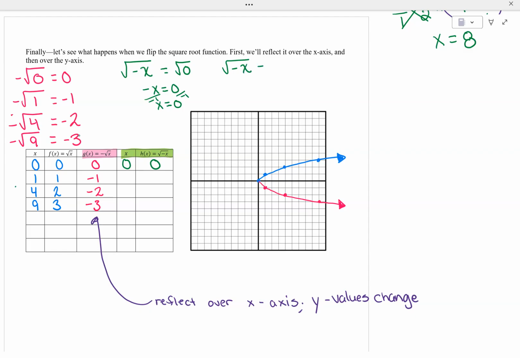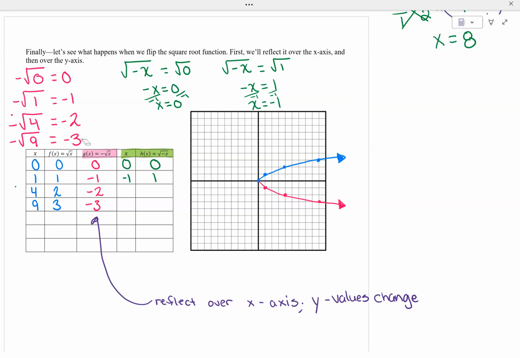The square root of a negative x, I need that to be able to say 1. Well, negative x equals 1. So that means x has to be a negative 1 because we would divide both sides by that negative 1 to solve for it. So if I plugged in a negative 1, the square root of a negative, negative 1. Well, two negatives make a positive. The square root of 1 is 1.